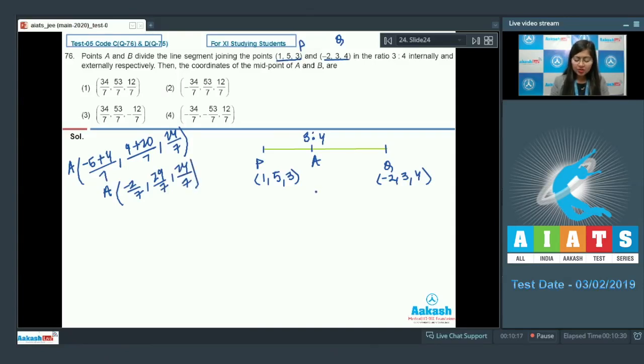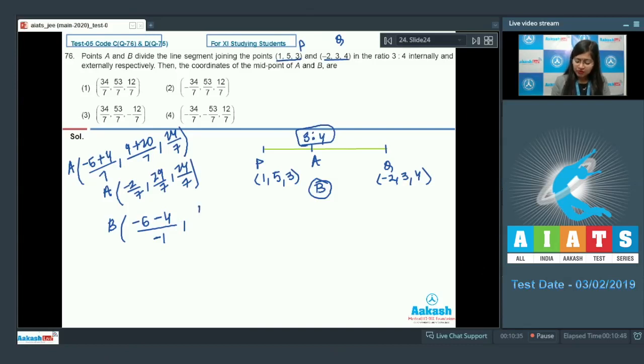Similarly, it is given that the coordinate B is dividing the line segment in the ratio 3:4 externally. So the coordinate of B will be 3 into -2 minus 4 into 1 upon 3 minus 4, that is -1.